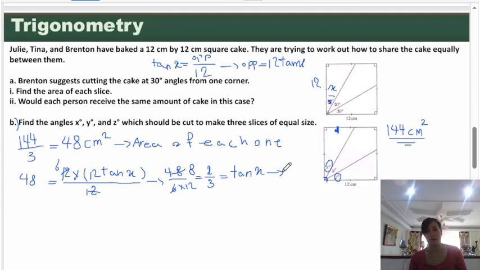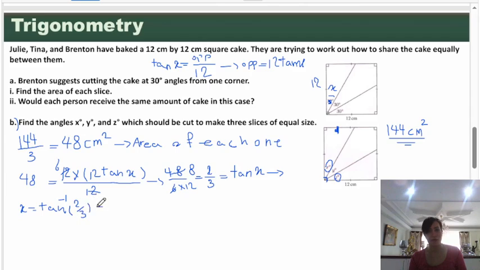So I get X equals the inverse tangent. This negative one above tangent shows me the inverse tangent of 2/3.